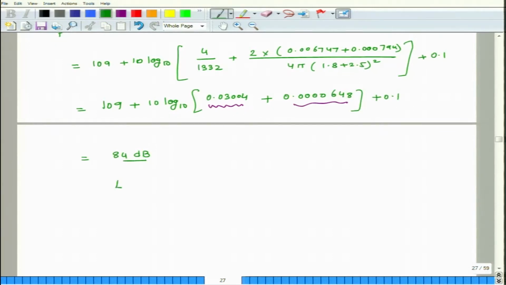So, LP without barrier was how much? 92.3 decibels, and LP with barrier is how much? It is 84 decibels.